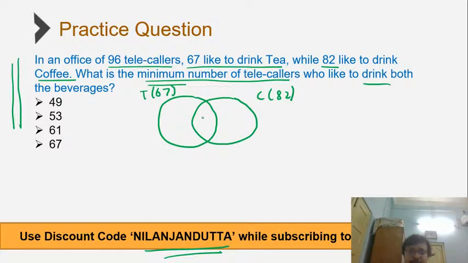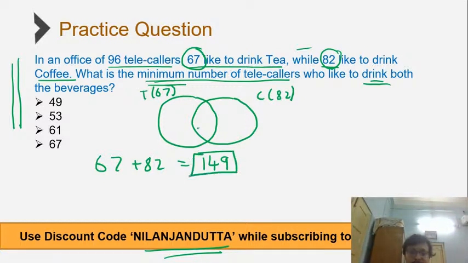So what you can do is, whenever you want to minimize the number of people who are drinking both the beverages, all you need to do is take a sum total of 67 and 82. That comes out to be 149. But the problem is I have only 96 telecallers.